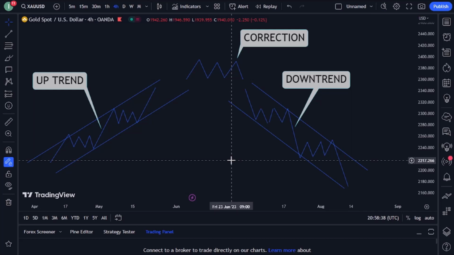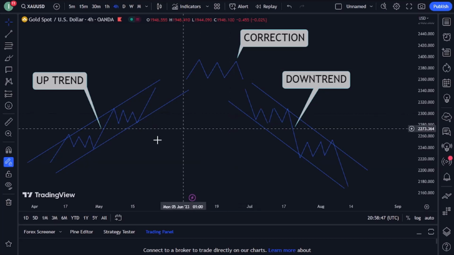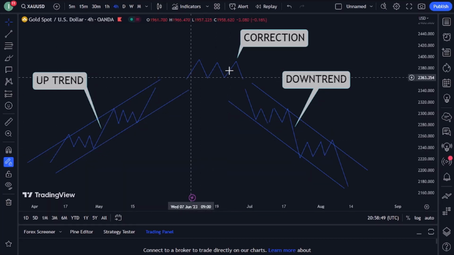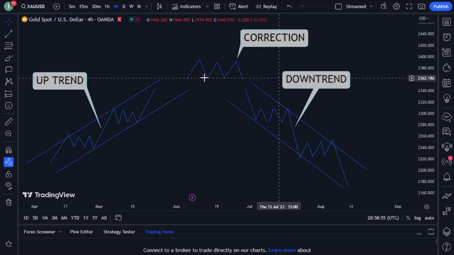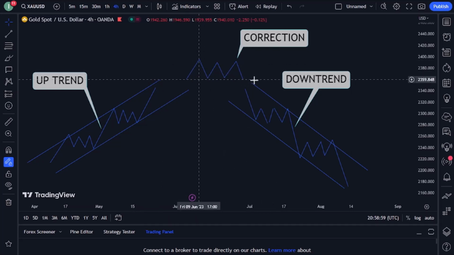If you are able to identify the structure and draw it, then there's no way you can go wrong. Other people call this a sideways channel, consolidation or whatever. For me, I simplify it and call it correction.